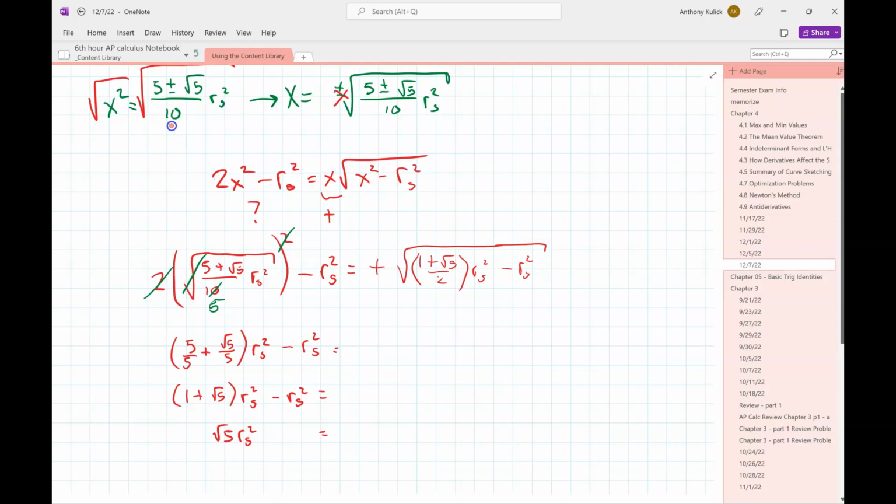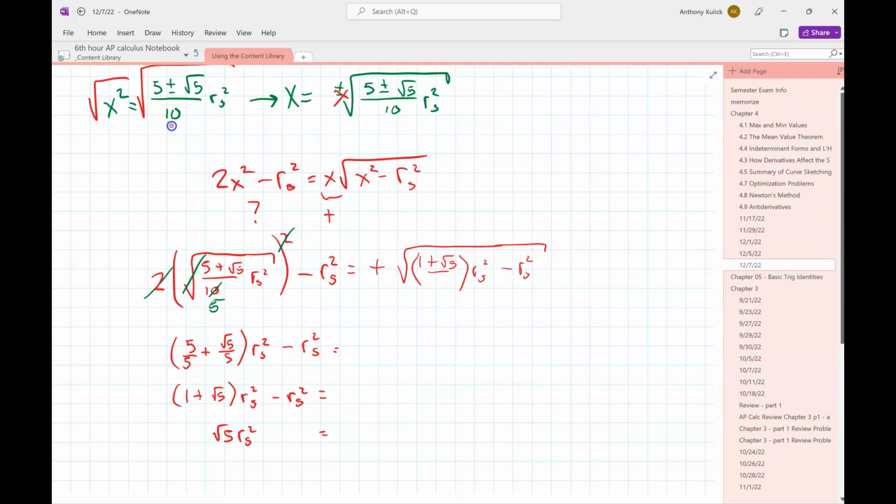And this piece, 1 plus the square root of 5 over 2, it's not over 2.